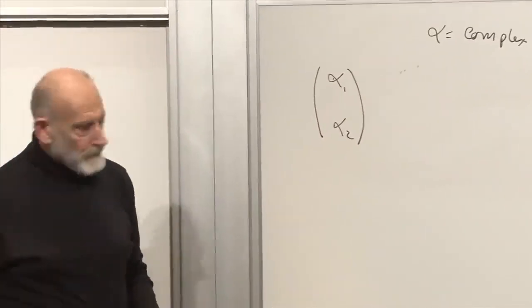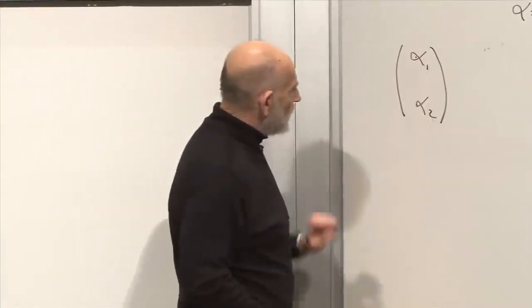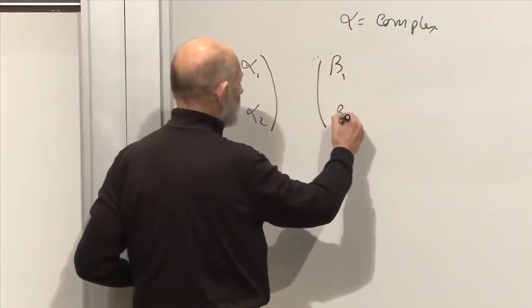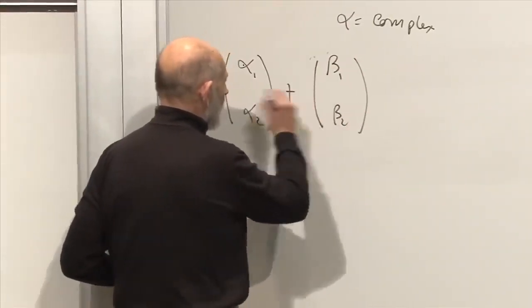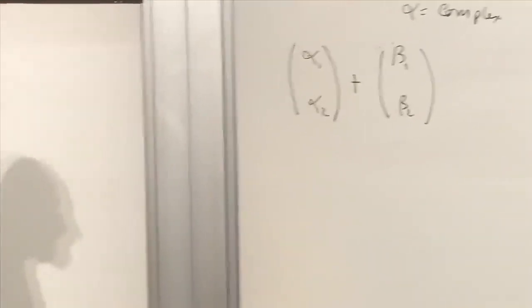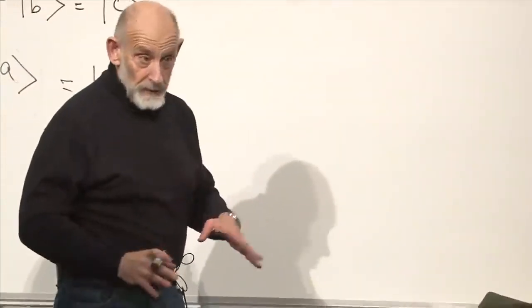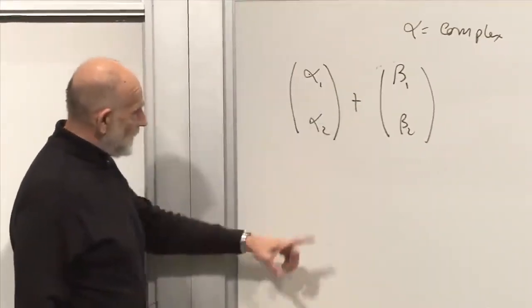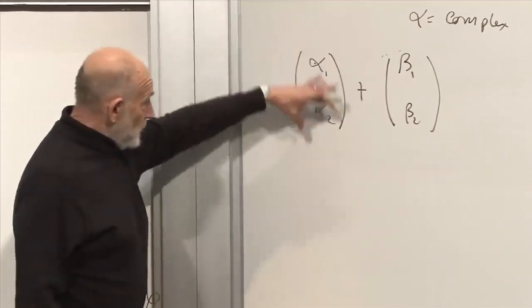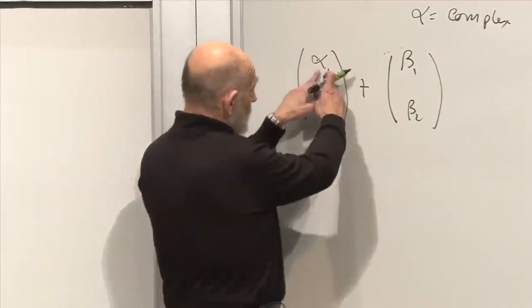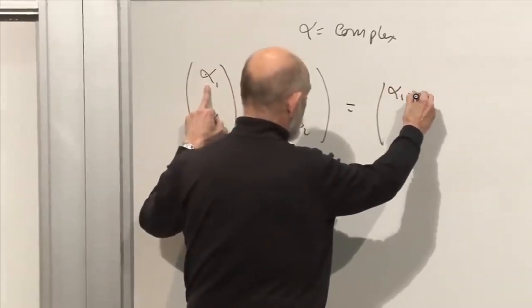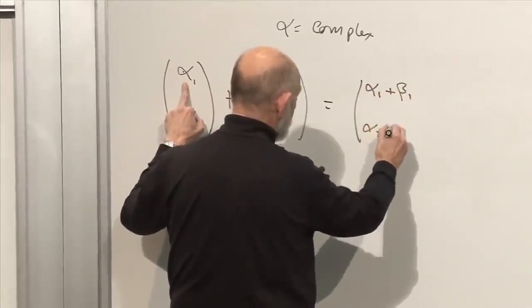Here's the rule. Supposing you have two of them, here's one and here's another one, beta 1, beta 2, and you add them. What does that mean? The definition of the sum of two of these, which are called columns, is just to add the entries: alpha 1 plus beta 1, alpha 2 plus beta 2.